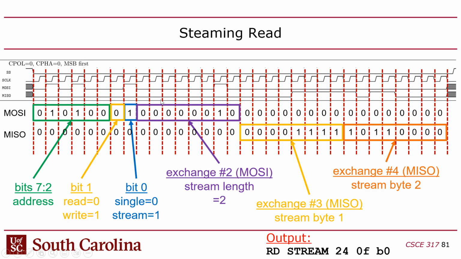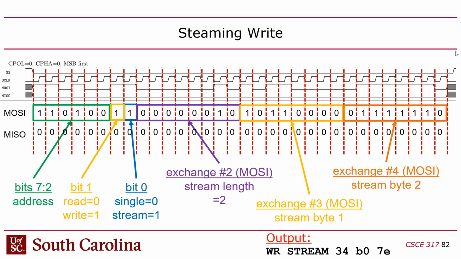But instead of indicating the length or the number of bytes using the SS signal, we have the master send a second byte out with the stream length that indicates to the slave how many bytes are being read or written. So that may seem a little redundant because, of course, the slave select is also determining the length of the transaction, but we put that in there just to complicate the protocol a bit, and of course it adds a little robustness as well.